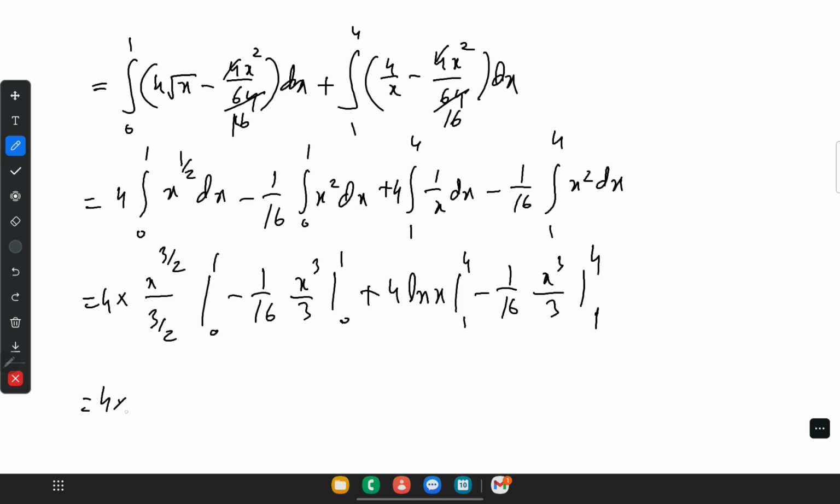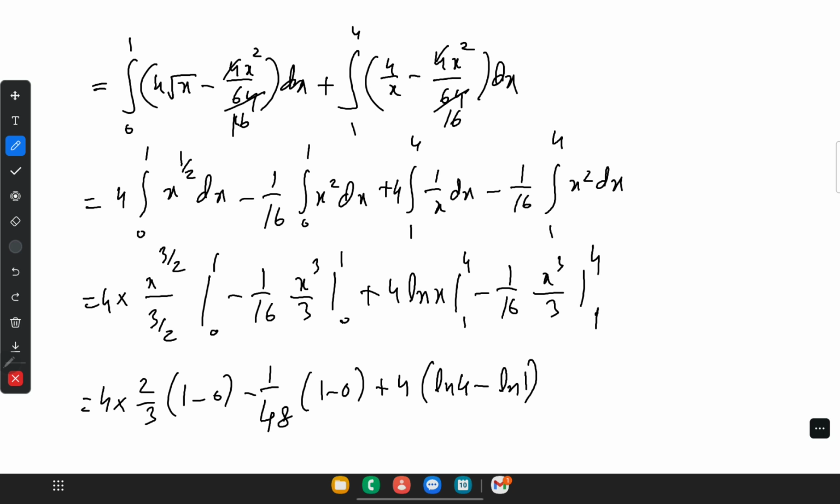It is 4 times 2 by 3 times 1 minus 0, minus 1 over 48 times 1 minus 0, plus 4 times log 4 minus log 1. You know log 1 is 0. After that, 1 over 48 times 4 to the power 3 minus 1.